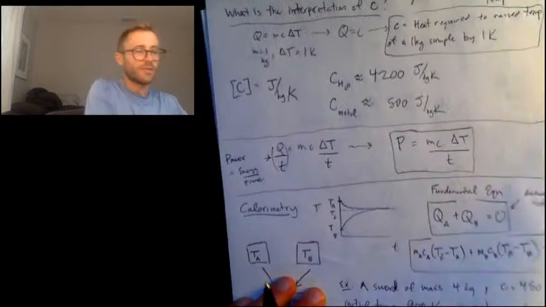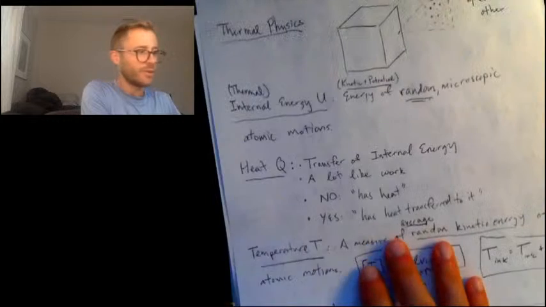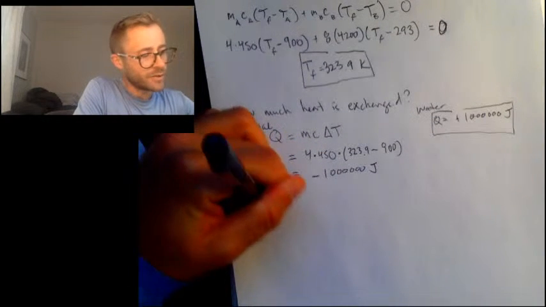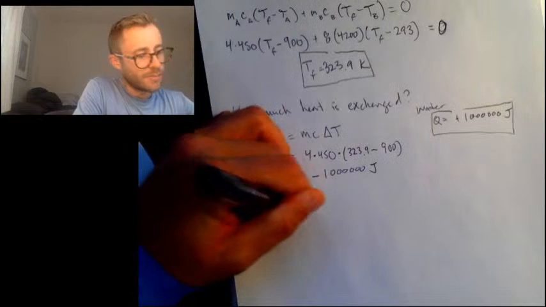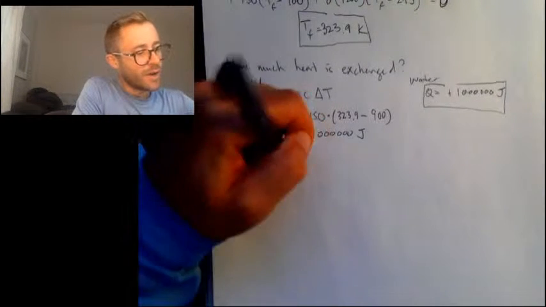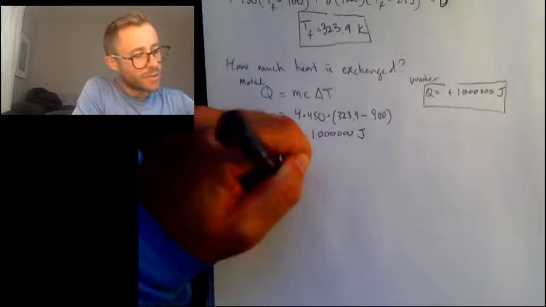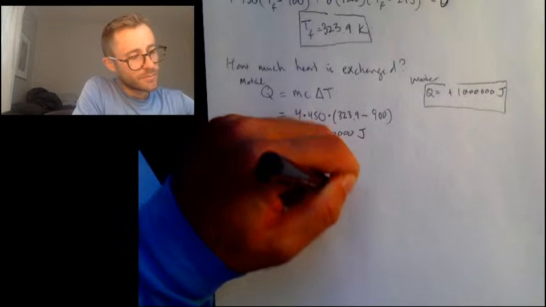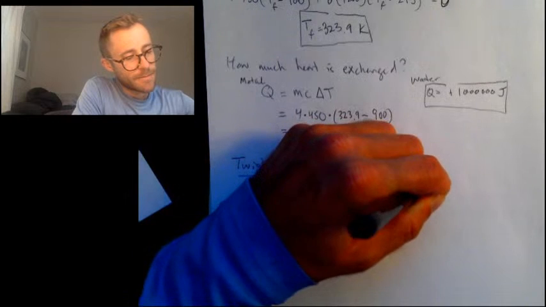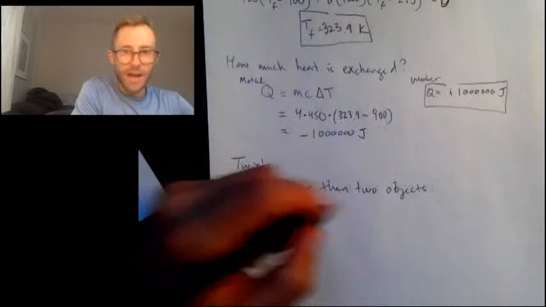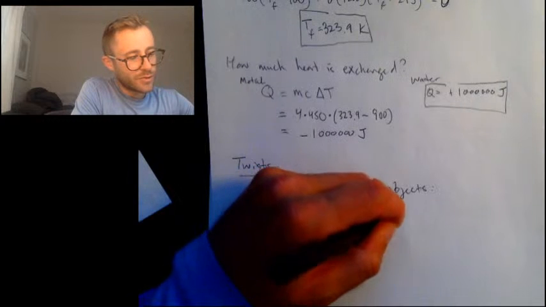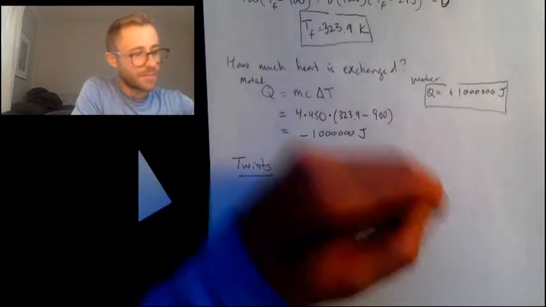So I want to talk just very briefly about a couple of twists that we can have on this basic equation. If you have more than two objects, then what you have is Q1 plus Q2 plus Q3 plus dot dot dot equals 0.